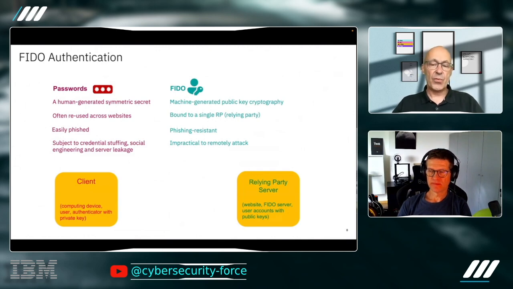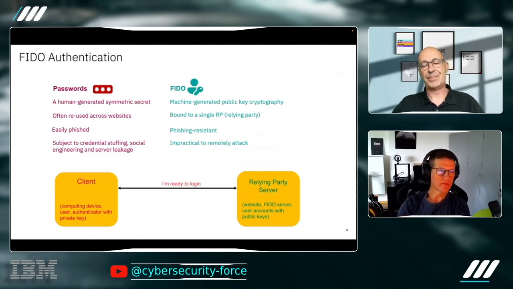And what's happening in FIDO is the typical use of asymmetric crypto for authentication. It goes as follows. For many of you, it will be a sort of recap, but that doesn't harm, I guess. So the client wants to go to the web server, and says, okay, I'm ready to log in.